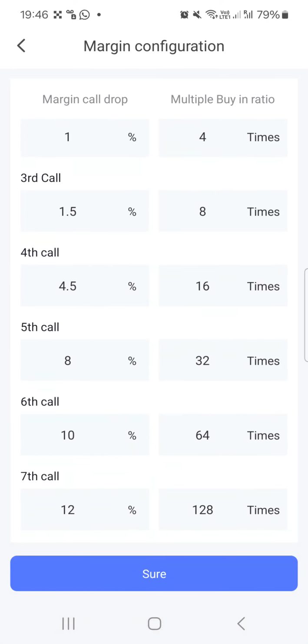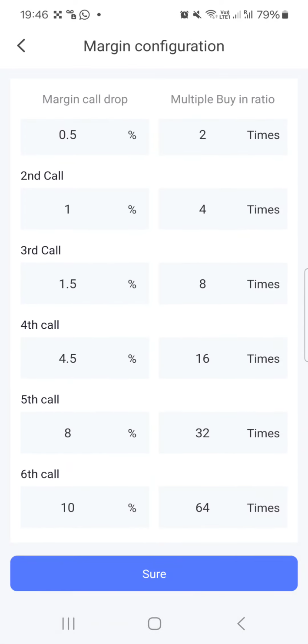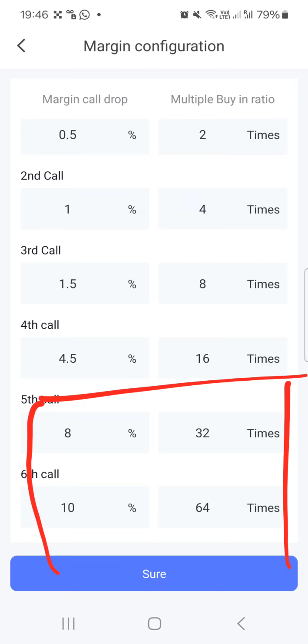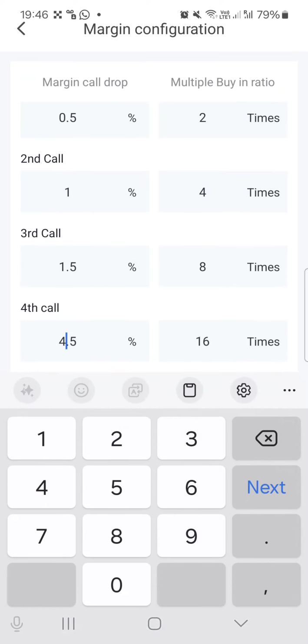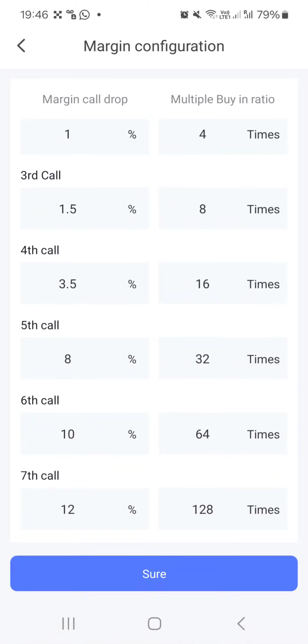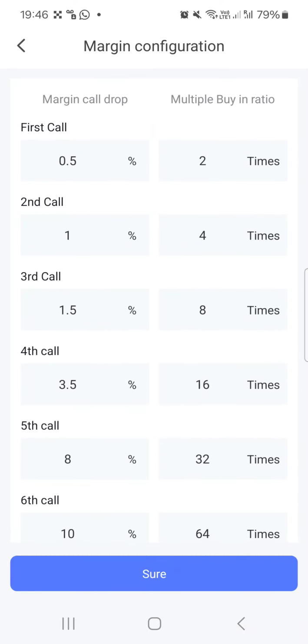So your money can go into the trade a little bit faster, but after the fourth margin call, the rest of the money will go in slower if the market is dropping. So here we'll say 3.5, so that the money doesn't run out fast.